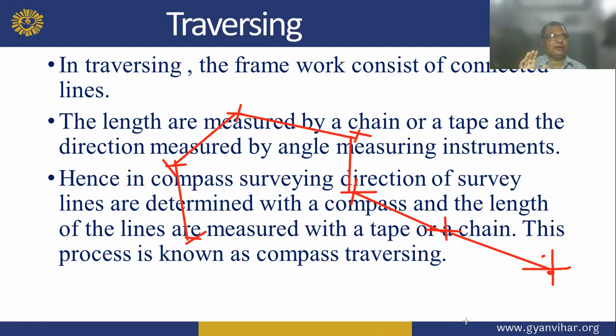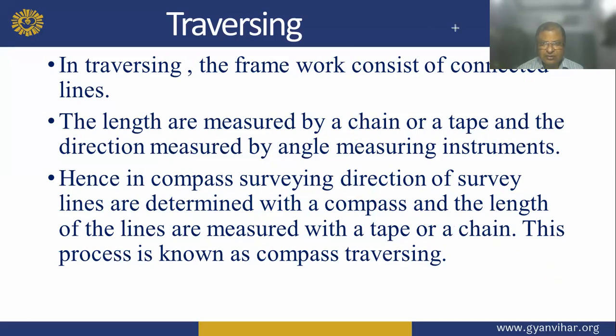So, it is clear now, you have understood the difference between closed and open traverse. Now you have read what closed traversing and open traversing are. The lengths are measured by a chain or tape and the direction is measured by an angle measuring instrument.